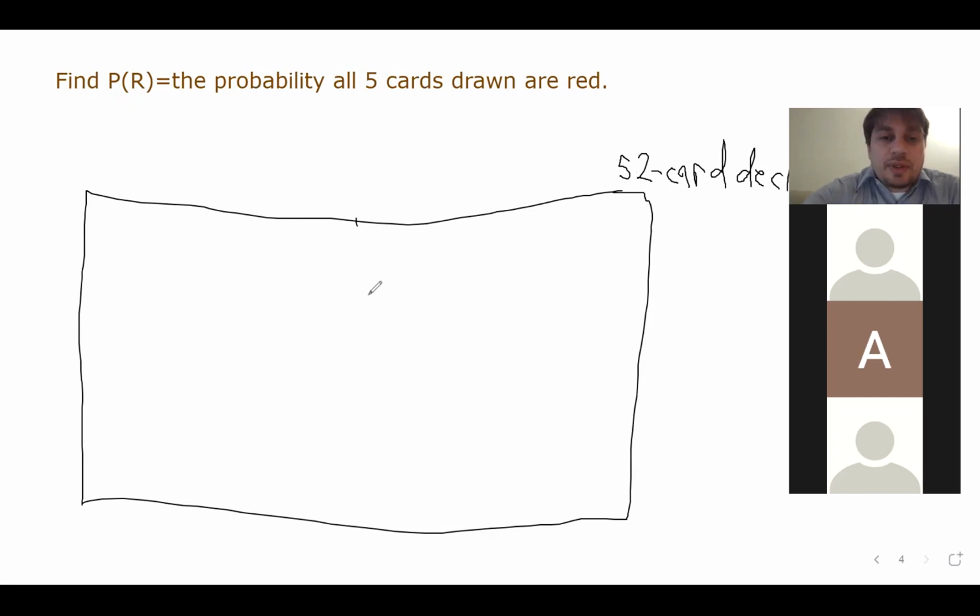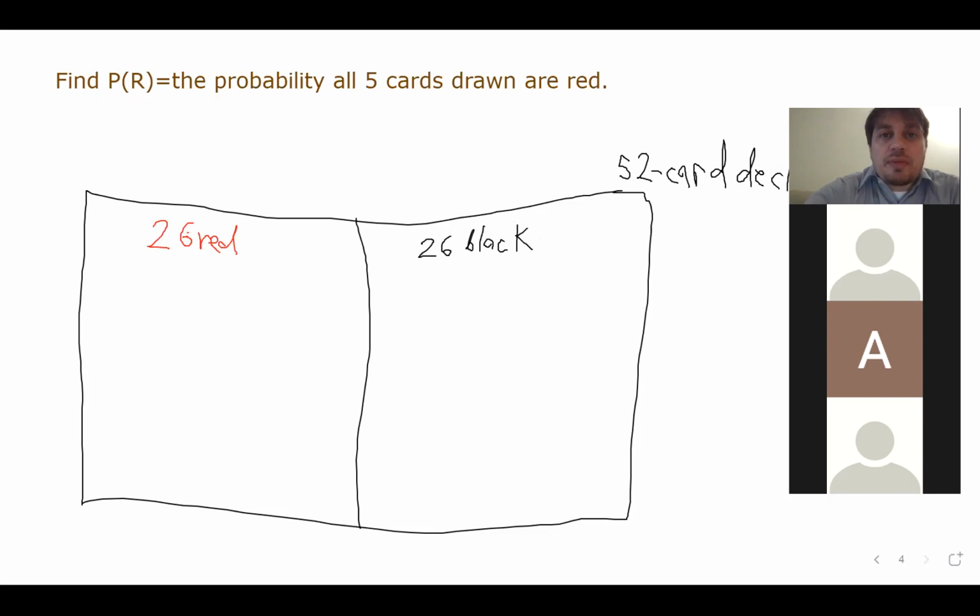And we have 2 subgroups here. We have the 26 red and we have the 26 black, right? So the deck is split evenly between black and red cards.